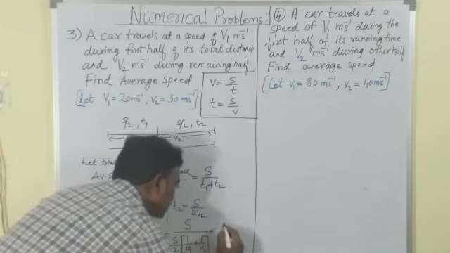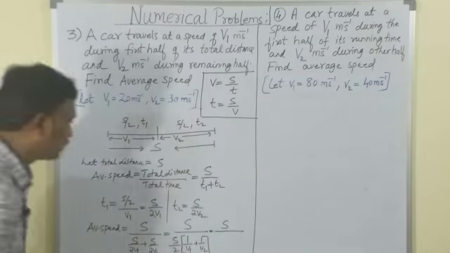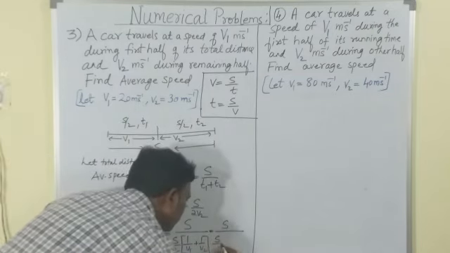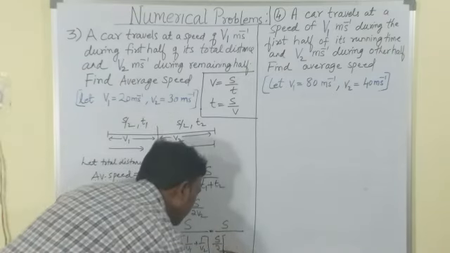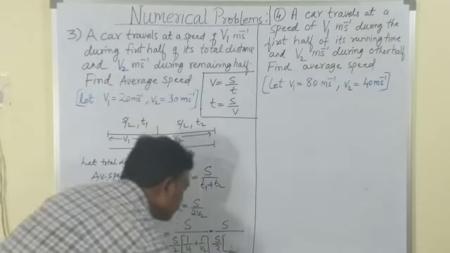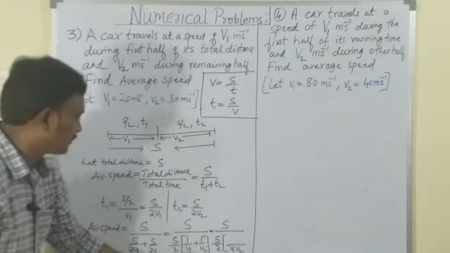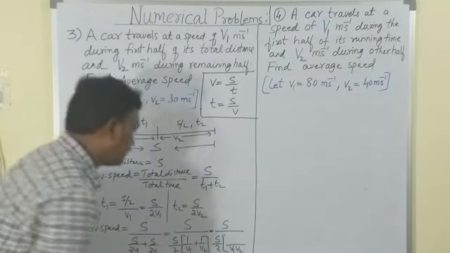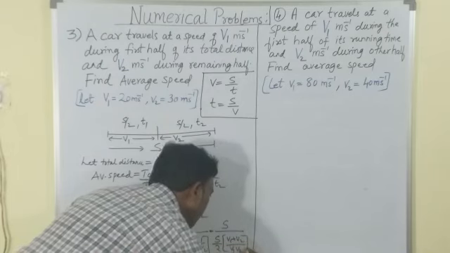When I do the LCM of 1 by V1 plus 1 by V2, the LCM is V1 V2, and you get V1 plus V2 in the numerator.